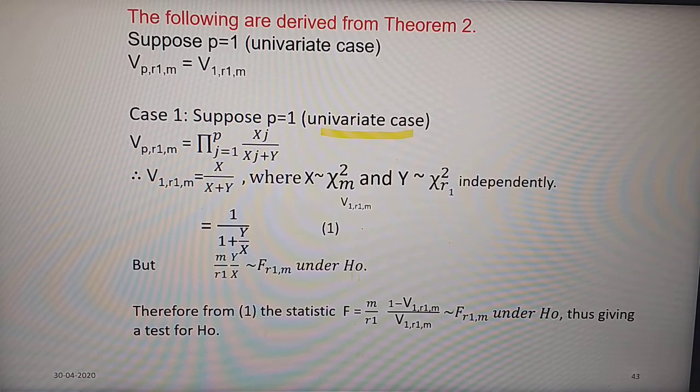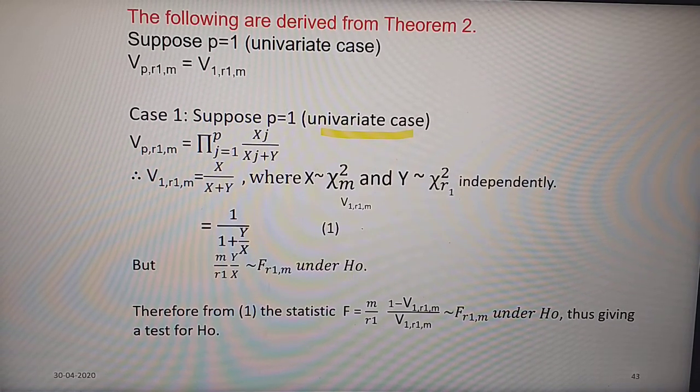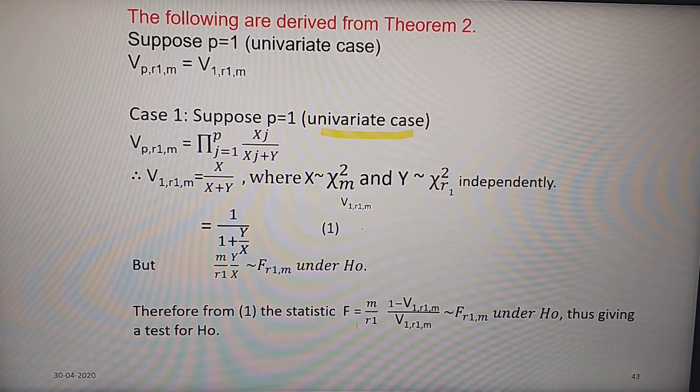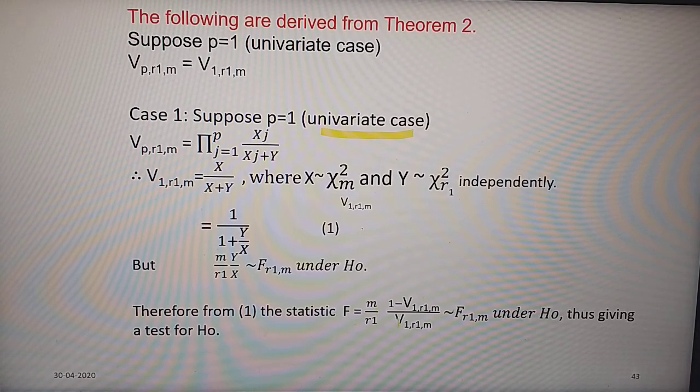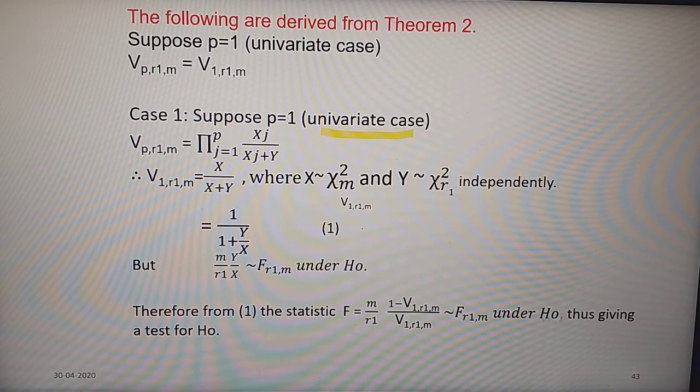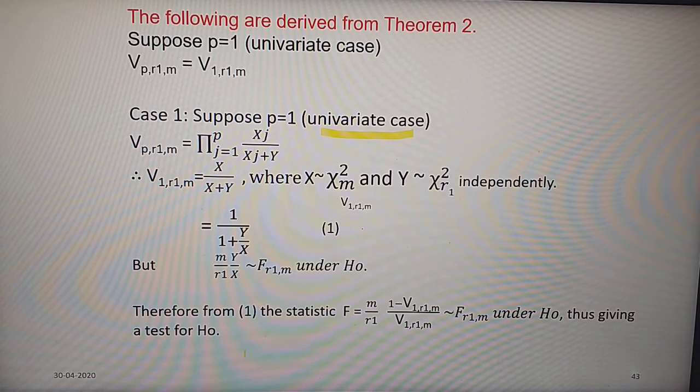under H0. Therefore, from equation number 1, the statistic F is equal to m by r1 times (1 minus V1(r1, m)) by V1(r1, m), which follows F distribution on r1, m degrees of freedom under H0, thus giving a test for H0.